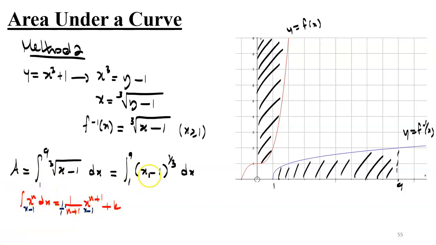So applying the power rule with the compound formula for n equals 1/3, 1/3 plus 1 is 4 over 3, so that's 1 over 4 over 3, then x minus 1 to the 4 over 3, and all of that between 1 and 9.